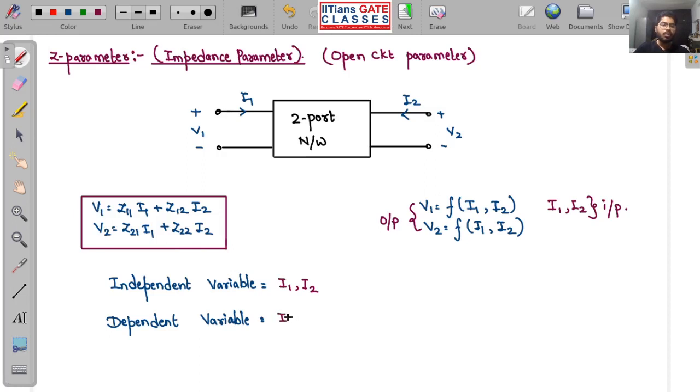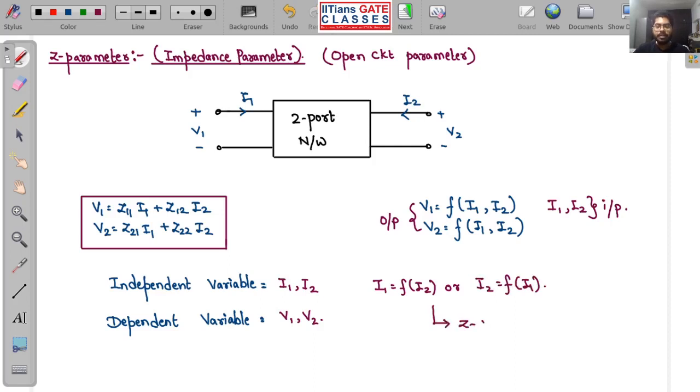So note this. Now one thing I want to tell you: whenever I1 is a function of I2, or I2 is a function of I1, at that position I can never write the Z parameter.